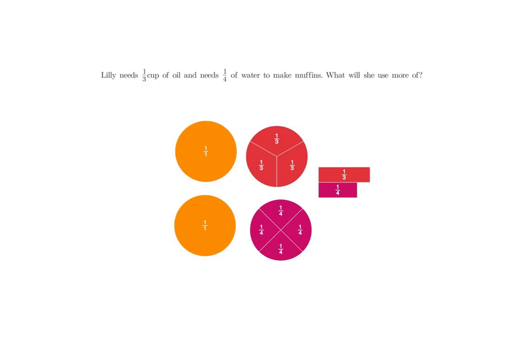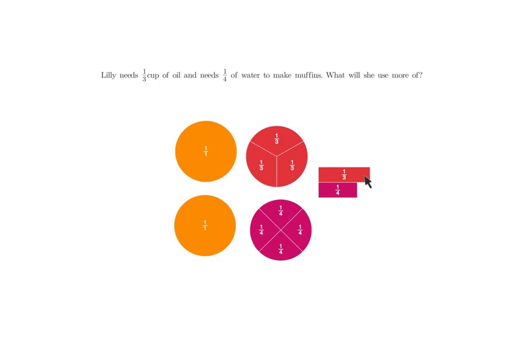We can visually see that 1/3 is 1 part size 1/3 to give us the whole, and 1/4 is sized 1/4 to give us the whole. It takes 1, 2, 3 parts to give us 1, and then we have 1, 2, 3, 4 equal parts size 1/4 to give us the whole.